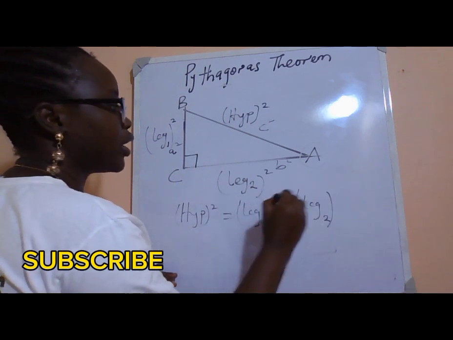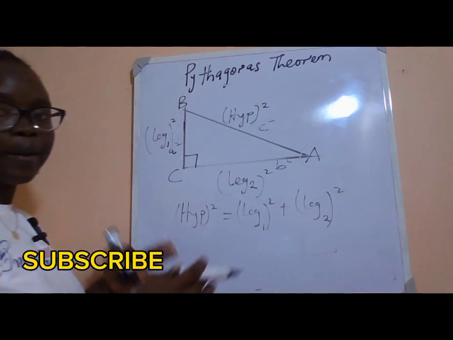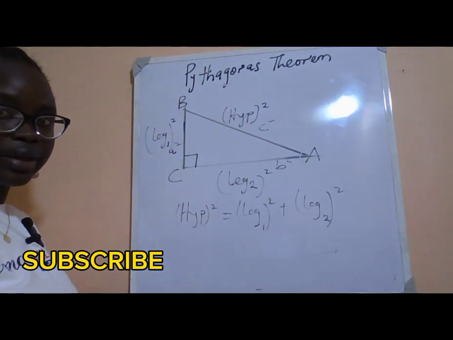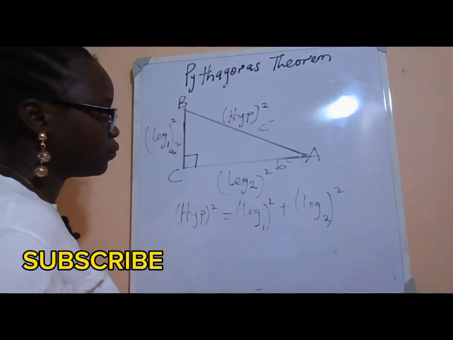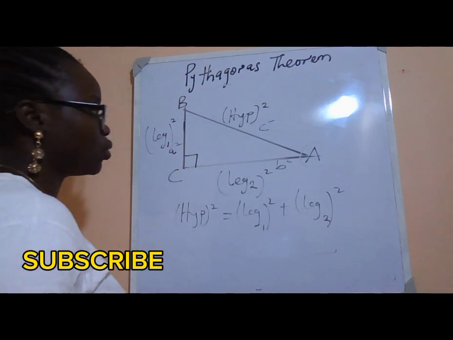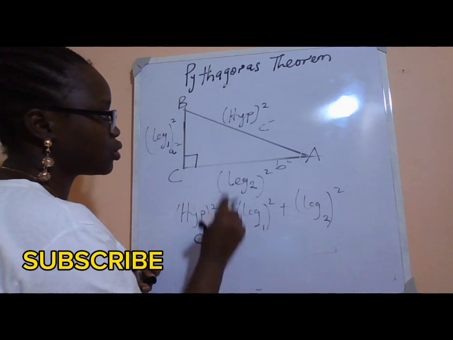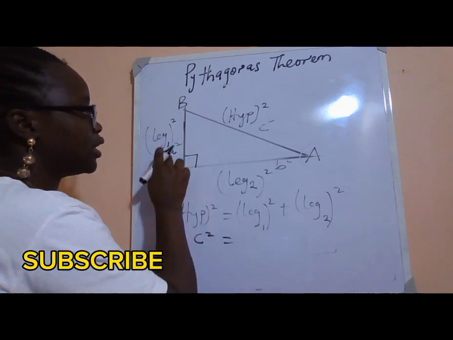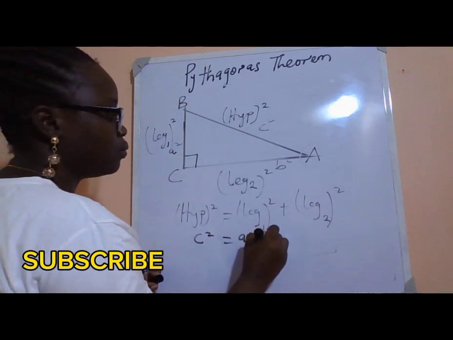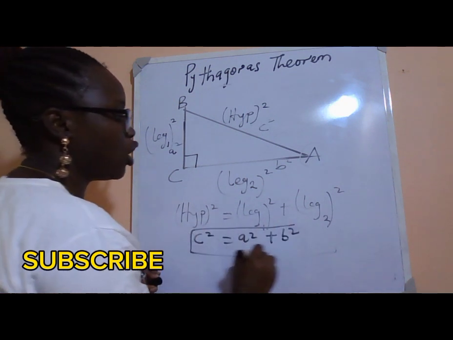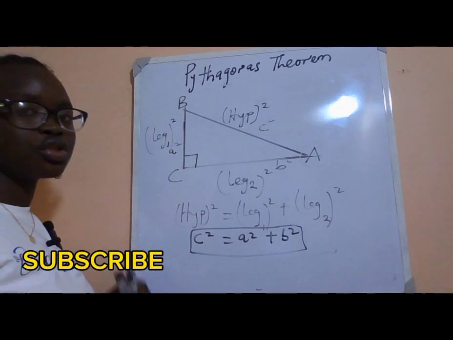Leg 1 is squared, leg 2 is squared. So we square them out and show them out. Okay? So what is our hypotenuse? Hypotenuse is c squared equals, the first leg is a squared plus b squared. So this is the law of Pythagoras theorem.